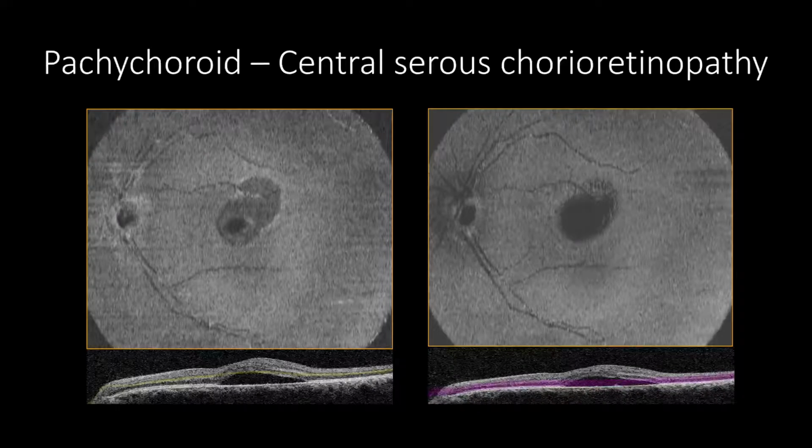In cases of central serous chorioretinopathy, the IPL-INL layer will show the neurosensory tissue elevations and contour changes. Some cases will show increased reflectivity in areas of increased photoreceptor thickness.